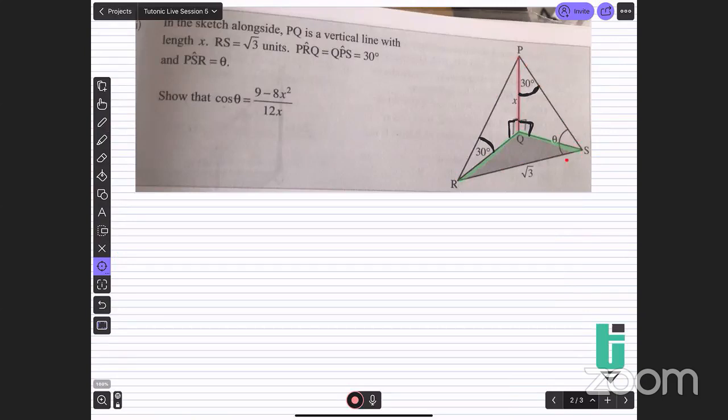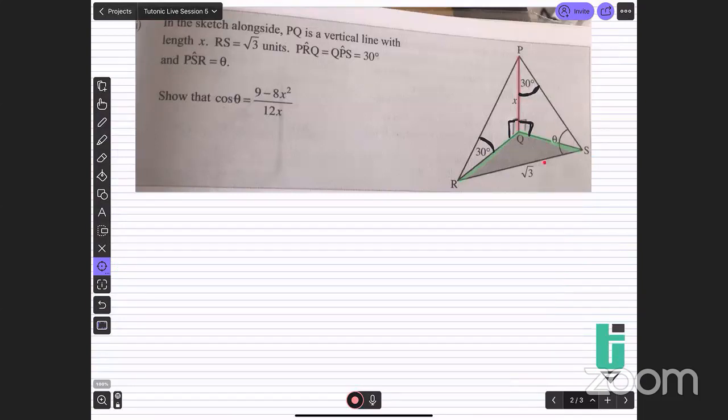So if you were to have cos theta, do you think using a trig ratio would help in this one? It's not a 90-degree angle. It's not a right angle triangle. Right.